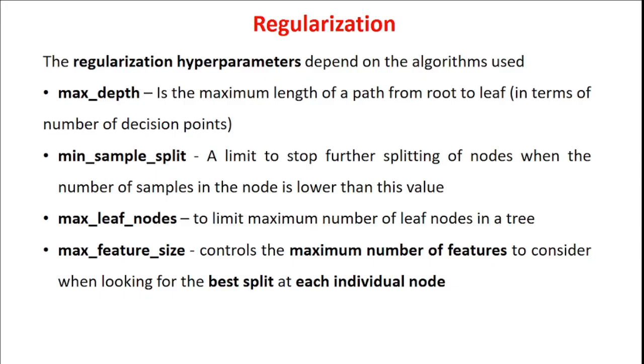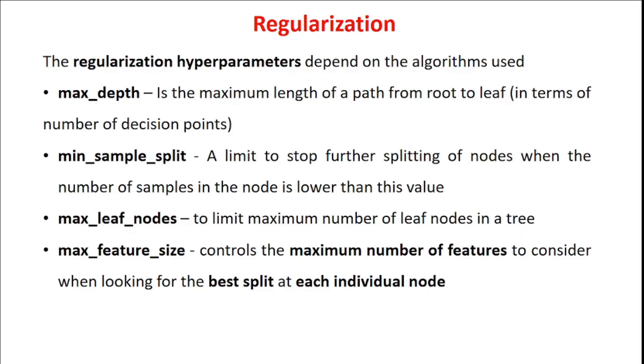In decision tree pruning or hyperparameter optimization, I am going to consider four parameters: maximum depth, minimum sample split, maximum leaf nodes and maximum features. Hyperparameter optimization depends on the type of algorithm. Maximum depth is the maximum length of a path from root node to leaf node.